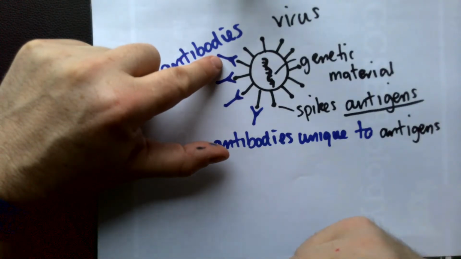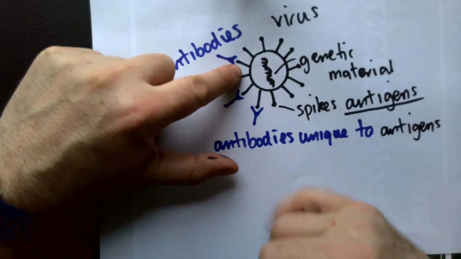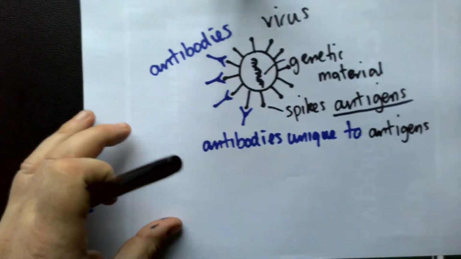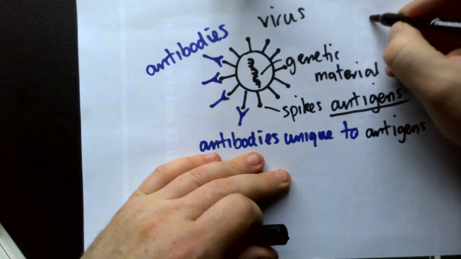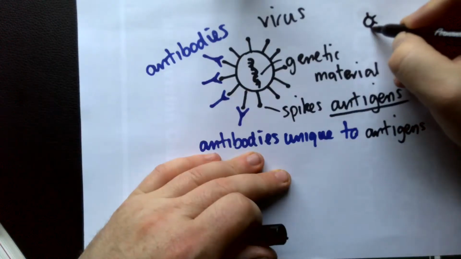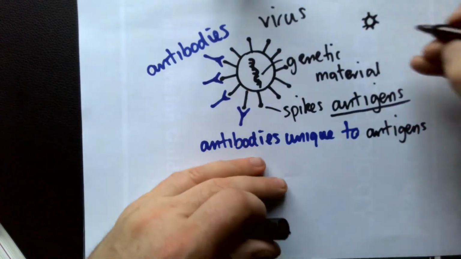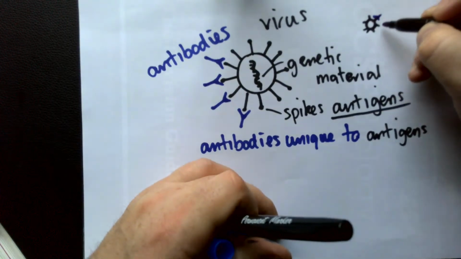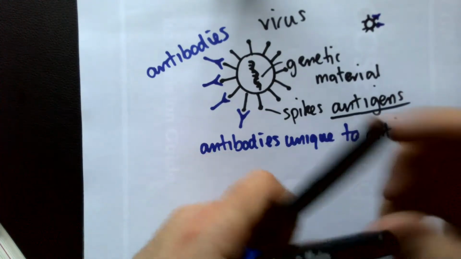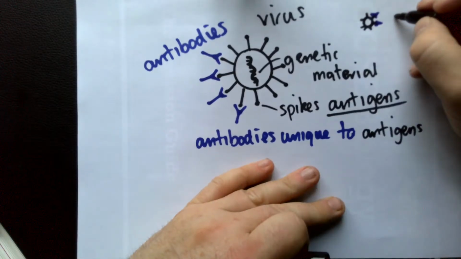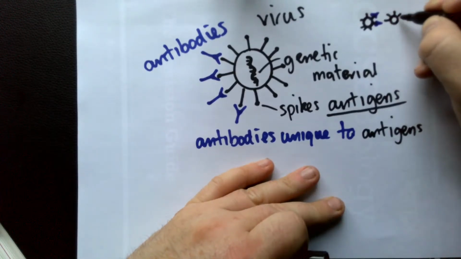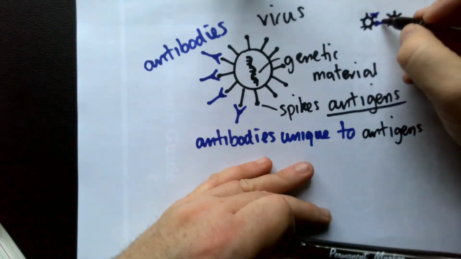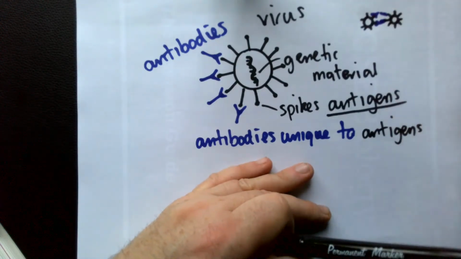Now, these are sticky at both ends. They stick at this end, they also stick at this end. So, imagine we've got a bunch of viruses. There's my viruses over here, and they have all got antibodies attached to them. But along comes another virus, which itself has its antigens. It's the same type of virus, and you have these antibodies stuck to it.